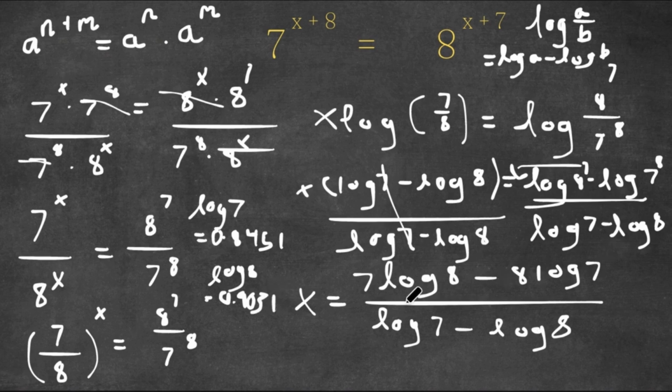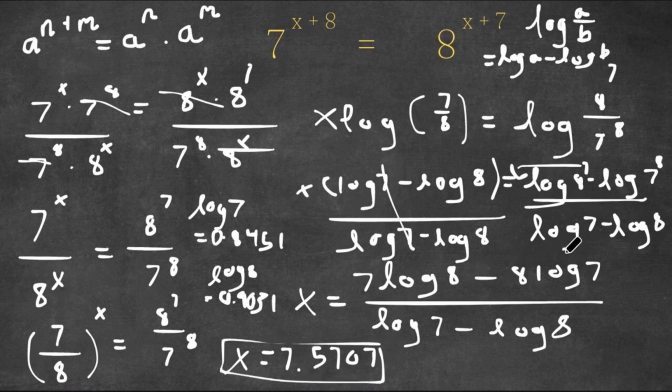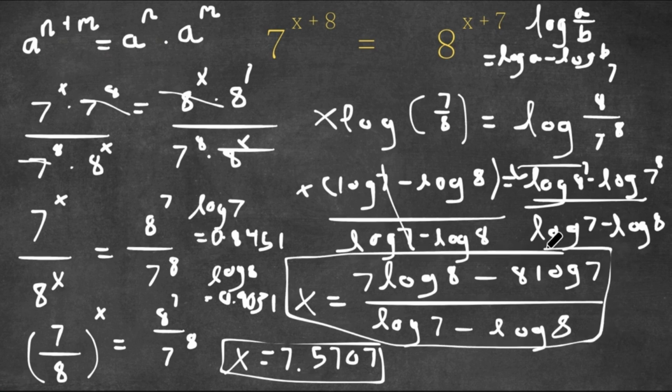So if we plug these values in for x, we get x is equal to 7.5707. So this is our answer. And we can also write it like this, it doesn't really matter. But yeah, that's our answer.